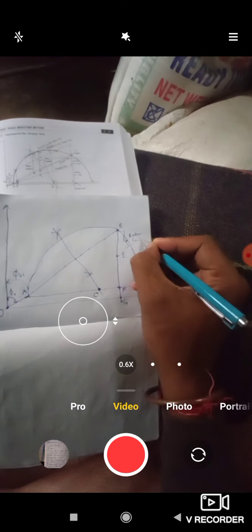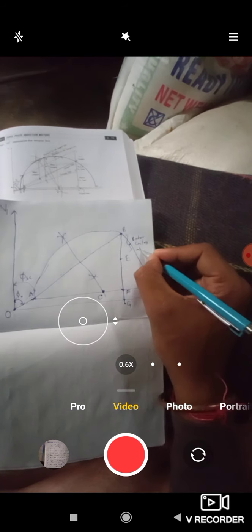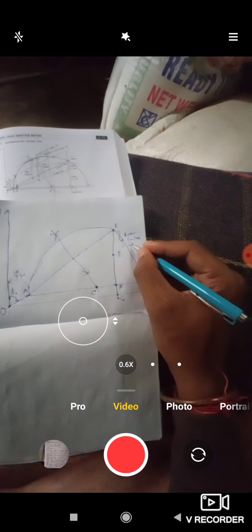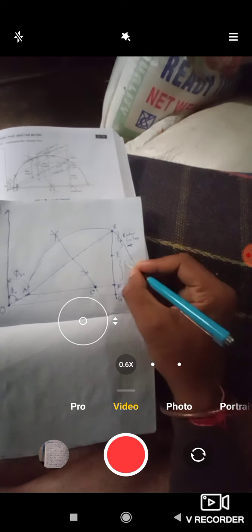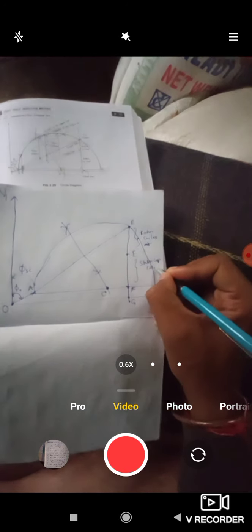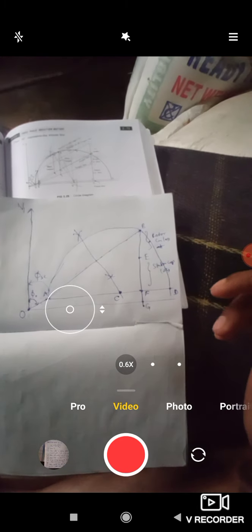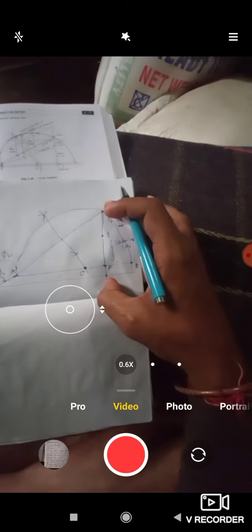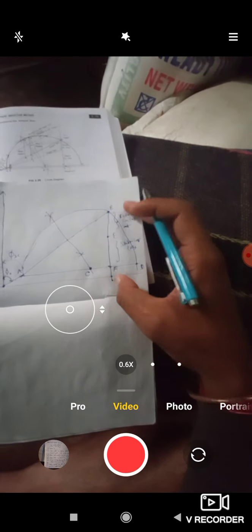This is the rotor copper loss and this is the stator copper loss. These rotor copper loss and stator copper loss are from the blocked rotor test under normal voltage condition. And if you join AE with a straight line, this is the torque line.